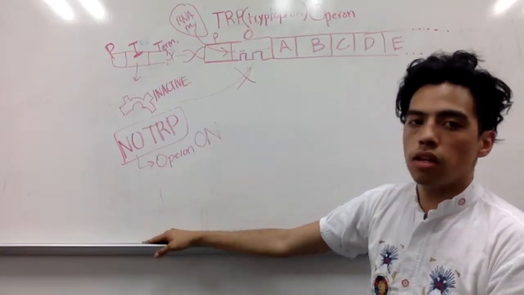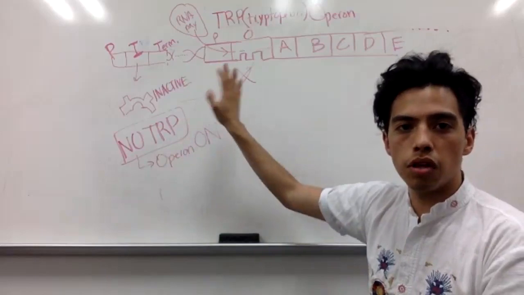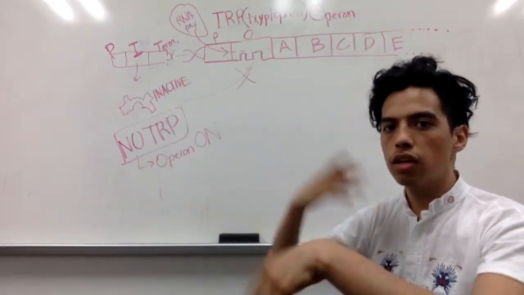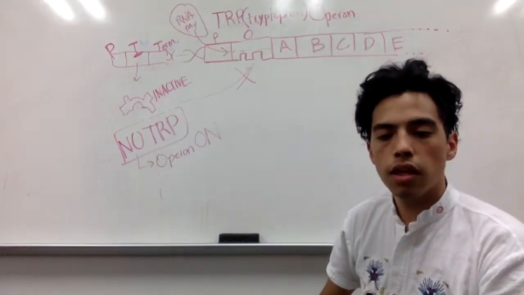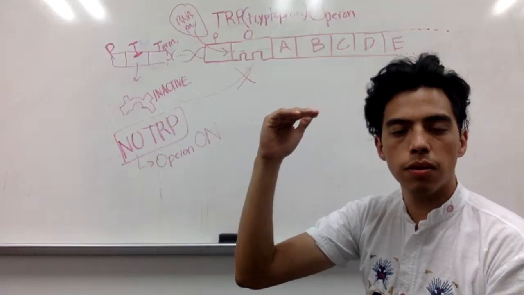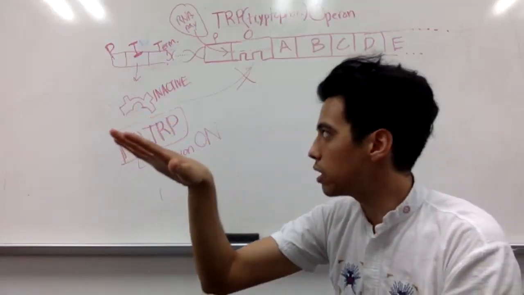So now let's say the operon keeps on going, it's creating all this tryptophan, right? Eventually you'll have enough tryptophan in your body to do whatever you needed to do with it.